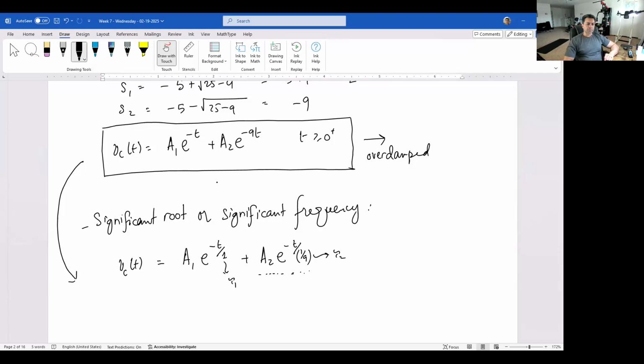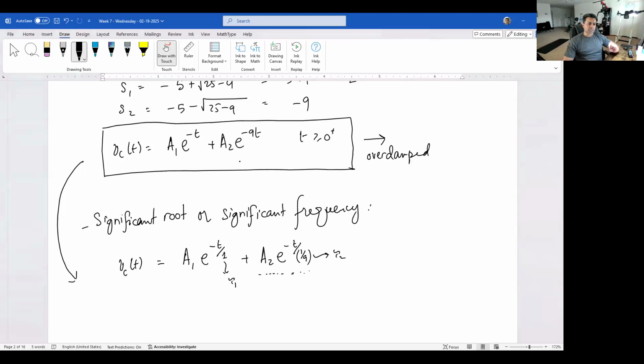So keep that in mind, because you will see that in many classes. When you're plotting the curve, let's say if I know the values of A1 and A2 and I'm plotting the curve, you plot corresponding to the term that is going to take longer to die down, because you don't want to plot it for a shorter amount of time while the term that is dying down has still not gone to 0.